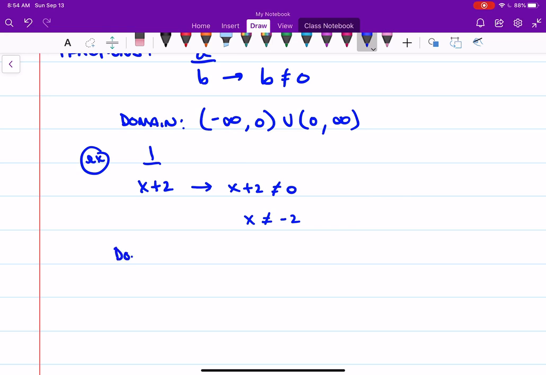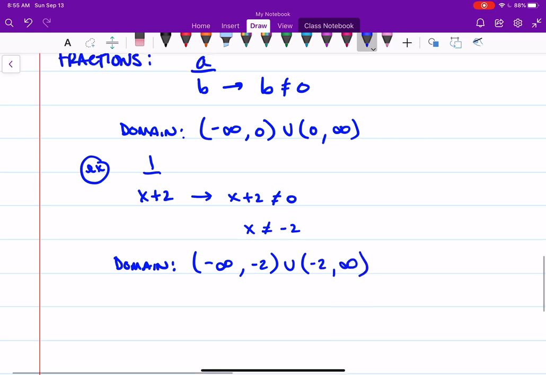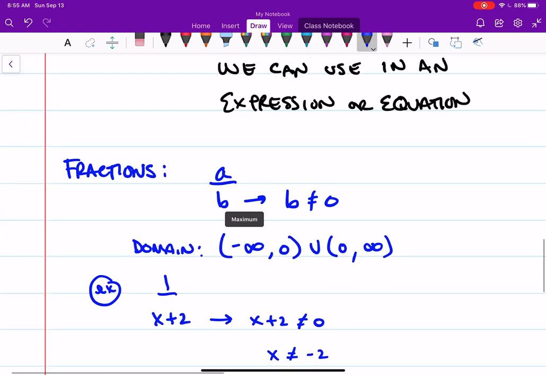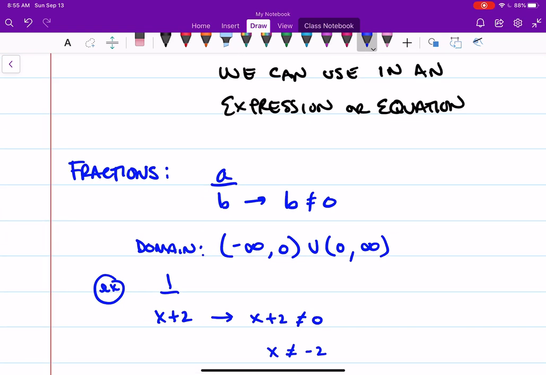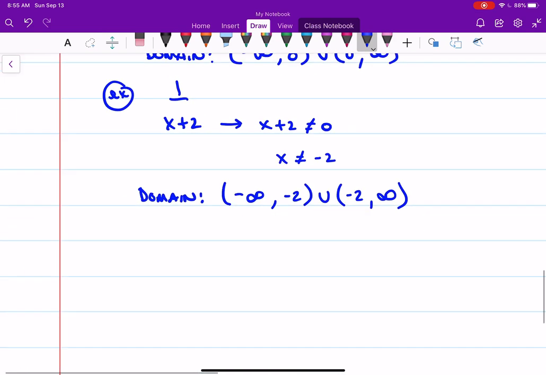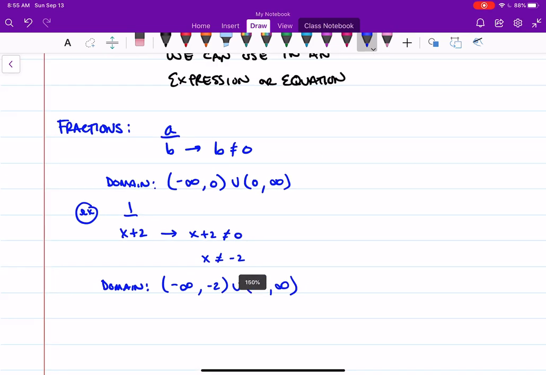So in this case, the domain would be anything from negative infinity to -2, but not including that, union with -2, not including -2, all the way to positive infinity. Okay, so this is just a general statement that the denominator has to be from negative infinity to 0, not including 0, union with 0 to infinity, not including 0. But each problem is going to be a little bit different because we may have to adjust because of what we're given as a denominator, okay?